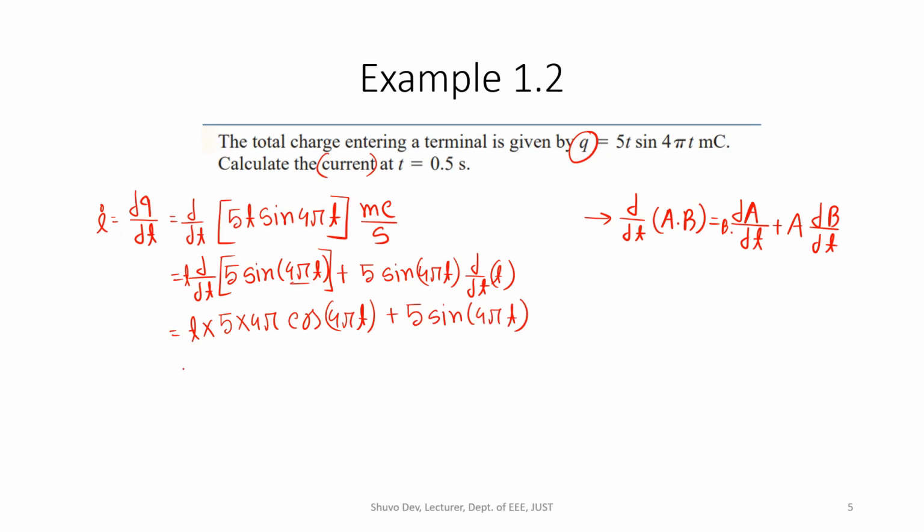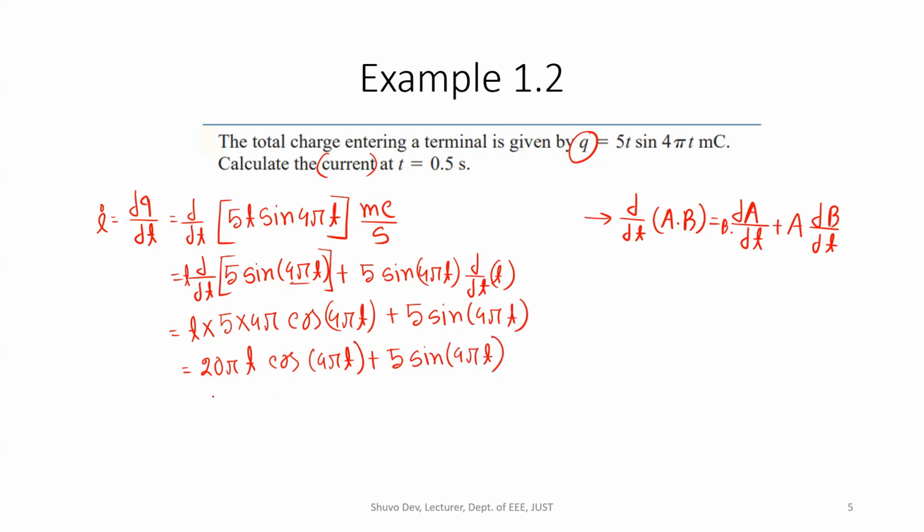Okay, now this will be 20 pi t cosine of 4 pi t plus 5 sine 4 pi t.